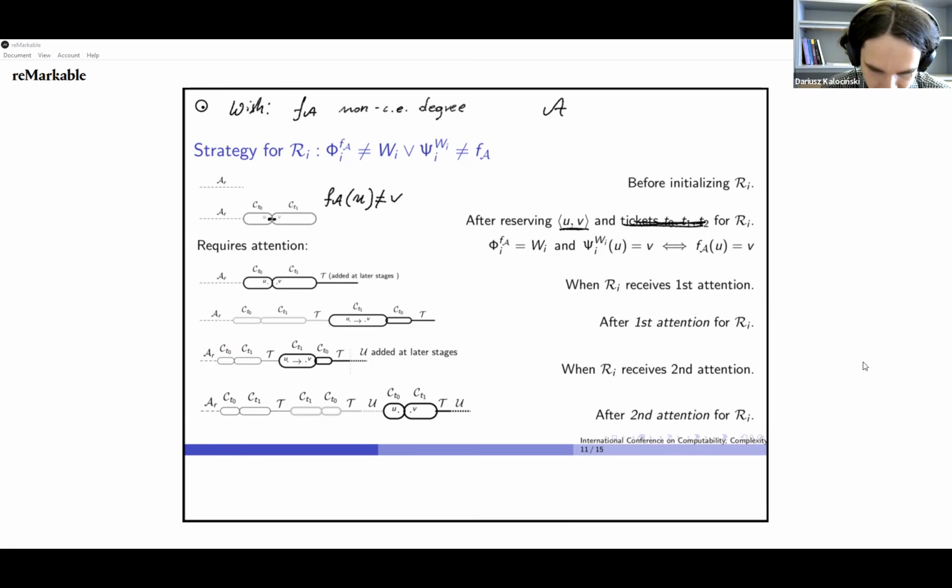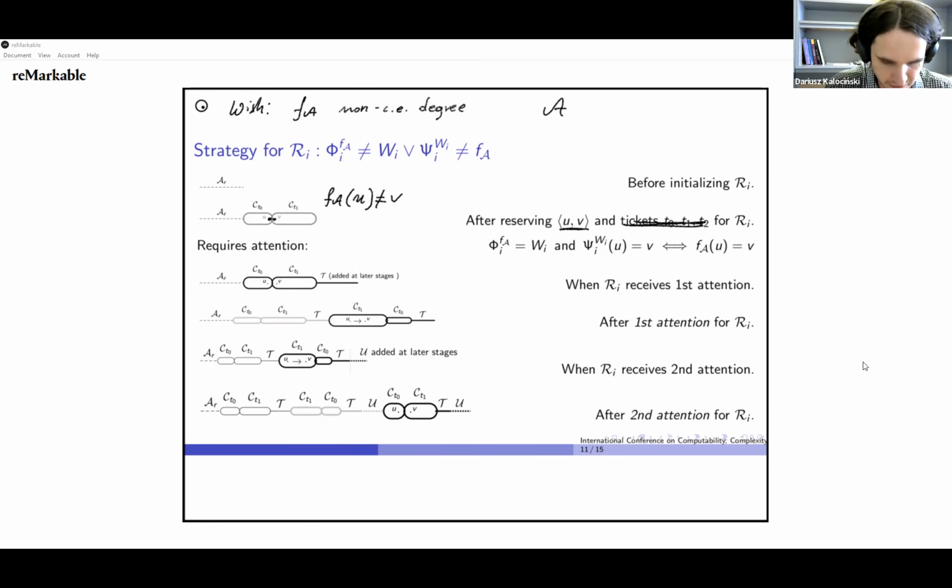A bad situation is that we see for some finite initial segment of numbers that this equality holds, and we also see that this Turing functional using Wi as an oracle sends U to V if and only if in our current approximation of F, F sends U to V as well.